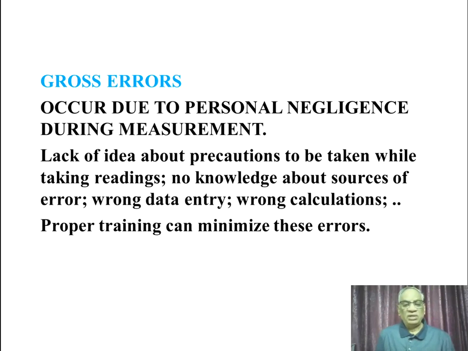All these things put together come under gross errors. That is due to sheer negligence of the person who is taking the measurements. So proper training of the operator, the person who is taking readings, can minimize these errors.